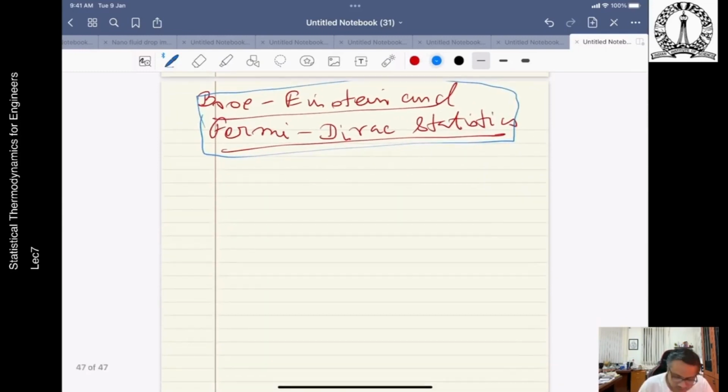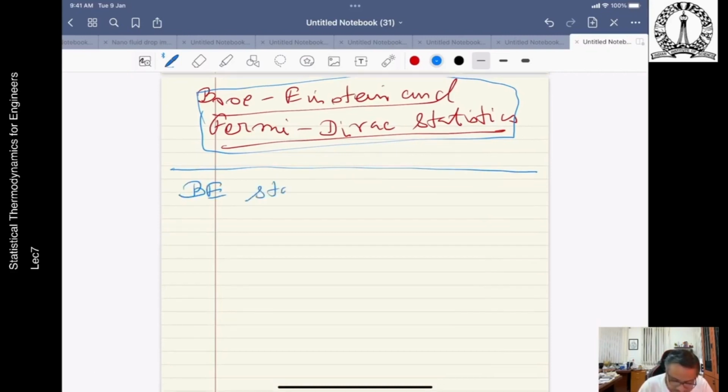First let us look at the Bose-Einstein, or BE, statistics, named after S.N. Bose and Albert Einstein.